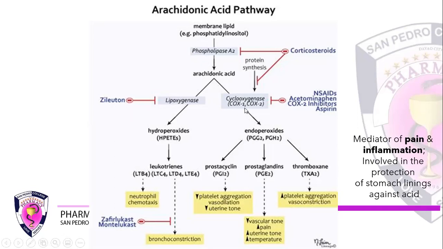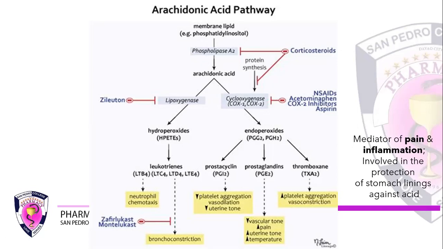The problem is that COX-1 is important when it comes to protection, because it lines the inner membranes of the stomach to protect it from the harmful effects of stomach acid.